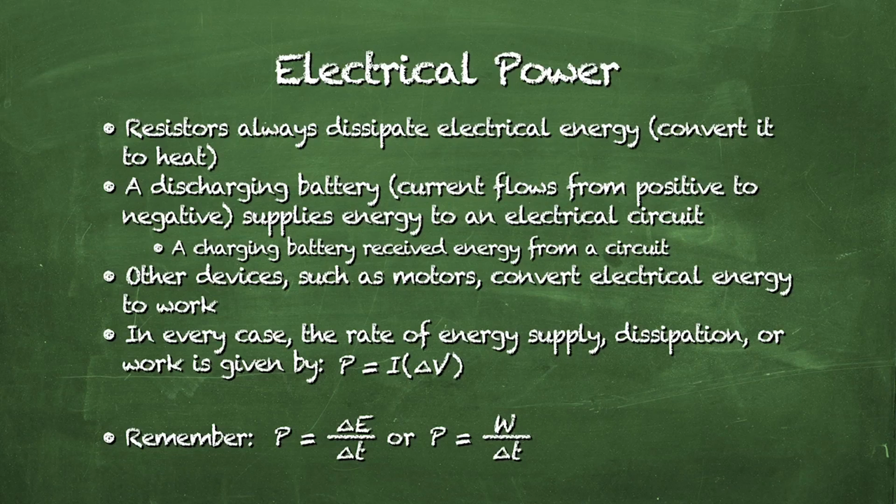So power is the rate at which energy is converted or work is done or energy is lost. That's from General Physics 1. What we're introducing here that's new is the electrical power, which is current times change in voltage.